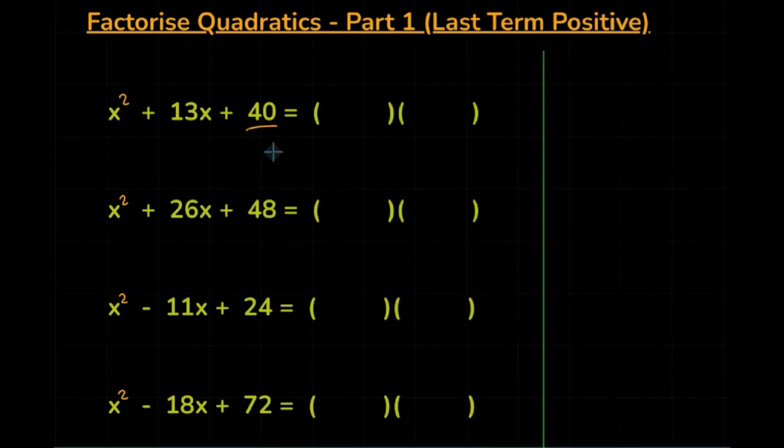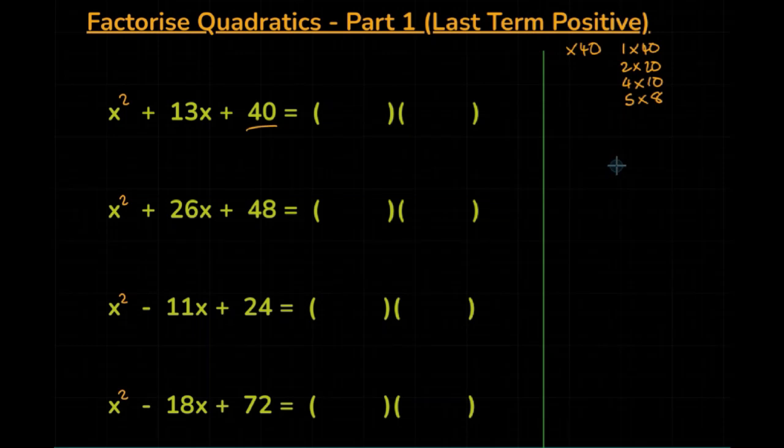Okay, and we know that the two numbers in the brackets here have to multiply to give 40. So they need to times to 40. So I'm going to write down factor pairs that multiply to 40. So I could have 1 times 40, 2 times 20, well 3 doesn't go into 40, so 4 times 10, and 5 times 8.